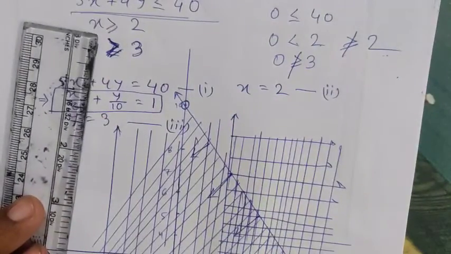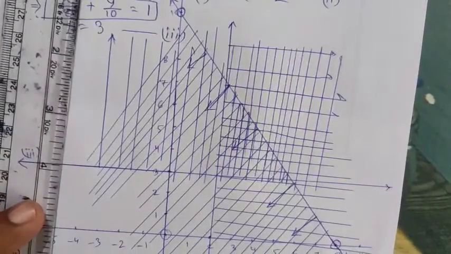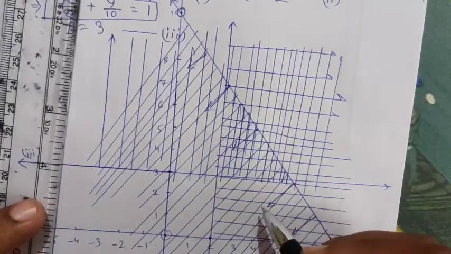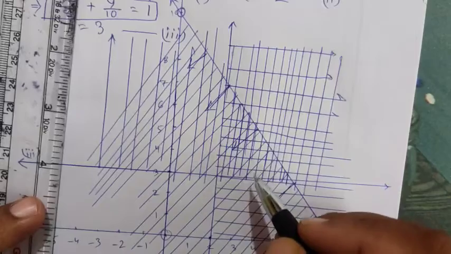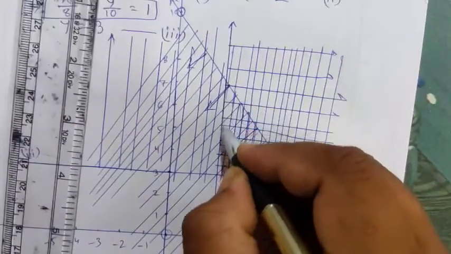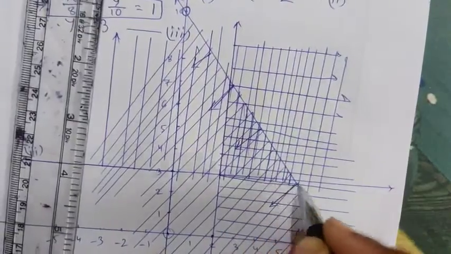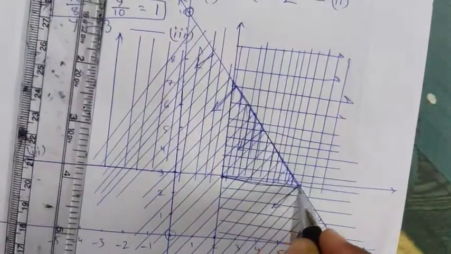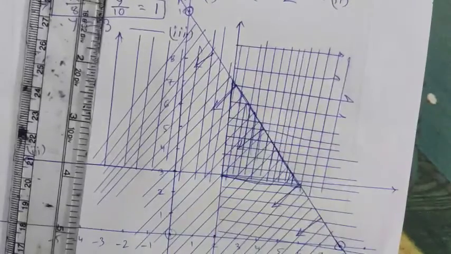Okay, now we have to find which portion is the common shaded region, where all three solution sets overlap. We get this triangular portion as the common region.